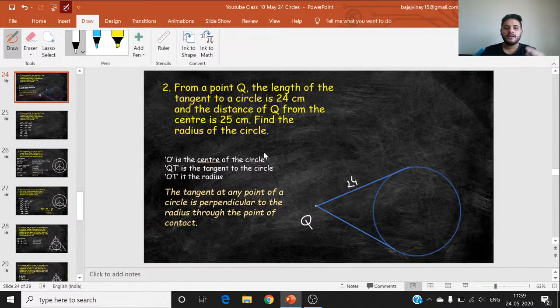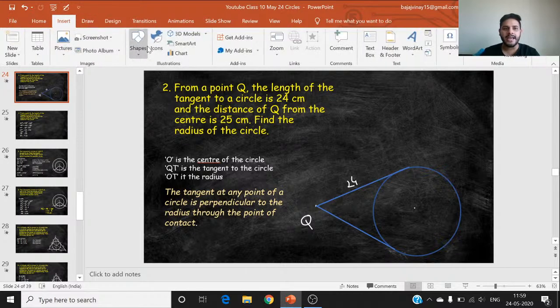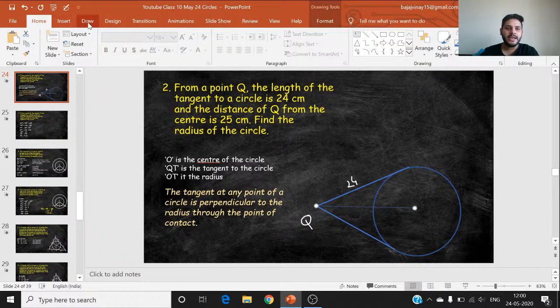From the center is 25. That means if this is the center, I'll draw another line to the center. Now, when I draw another line to the center, I'm measuring it to be 25.